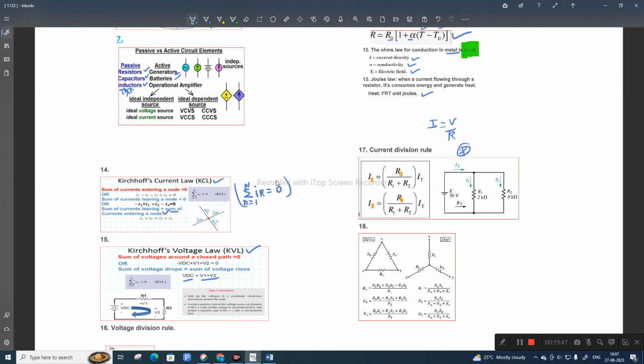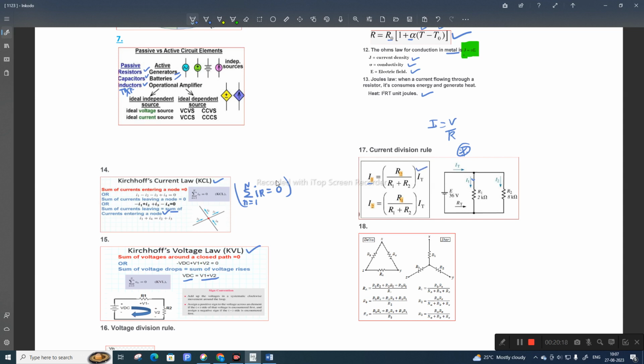See, we want to find this current I1. The current division rule says that where the current enters, if you want to find I1, you should consider the opposite resistor branch. To find I1, you consider the opposite branch R2, so it is R2 divided by the sum of the two resistors R1 plus R2, into the total current.